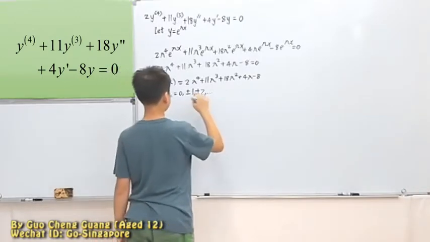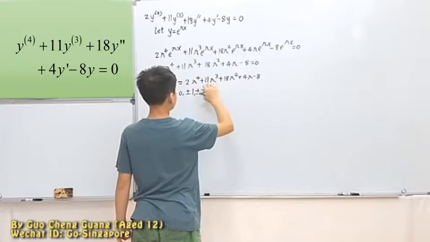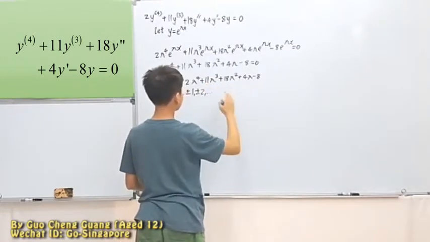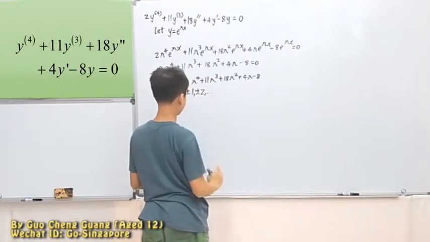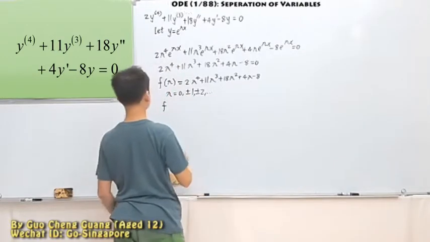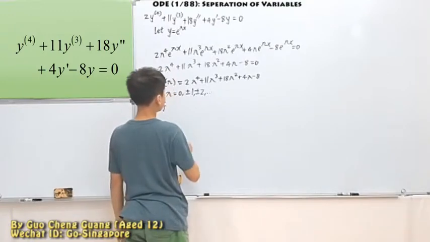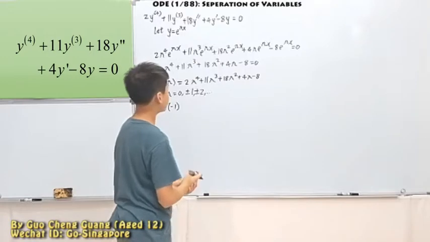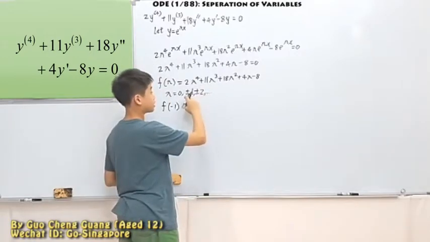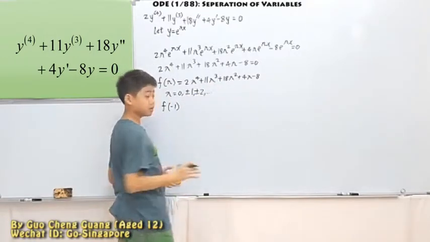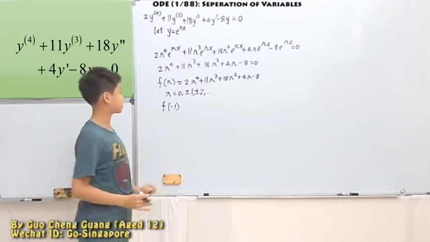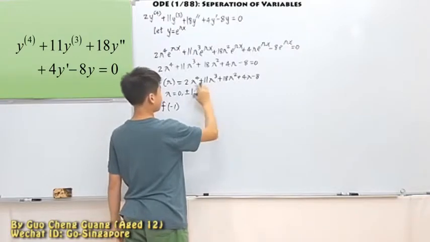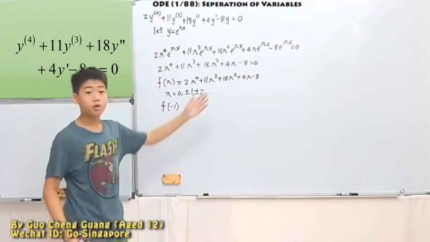So let's check this. What can we sub in so that this would give us 0? Maybe let's try negative 1, because if it is positive 1, positive 2 or higher, then that is totally impossible. Since all these have higher power, and even if it is 1, these 4 added together is still greater than 8.